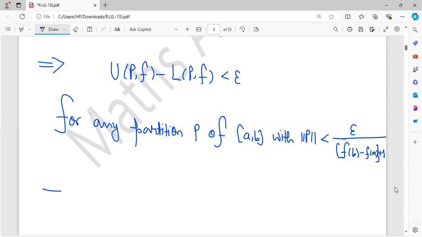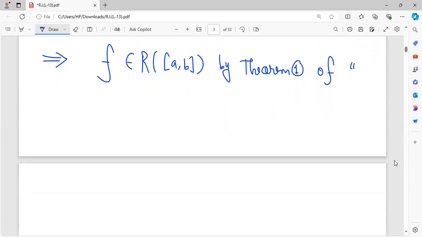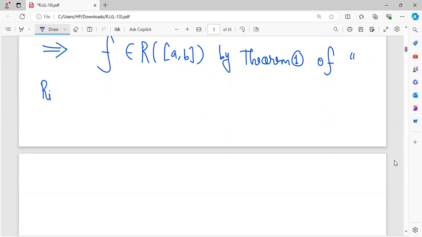It means F is in R[a,b] by theorem 1 of Riemann integration, lecture 8.